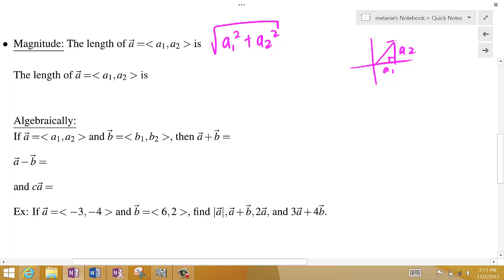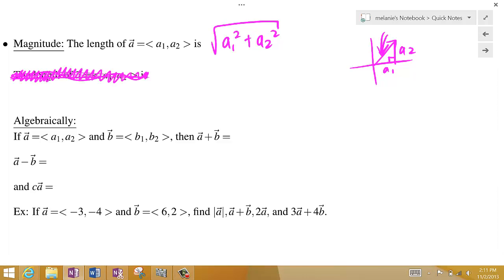I think about drawing my vector and then making a triangle out of it. If I want the length of the vector, the length is going to be right here. I can use the Pythagorean theorem, take this leg, A1 squared, plus A2 squared, and I get the hypotenuse squared. So that's how I find the magnitude.